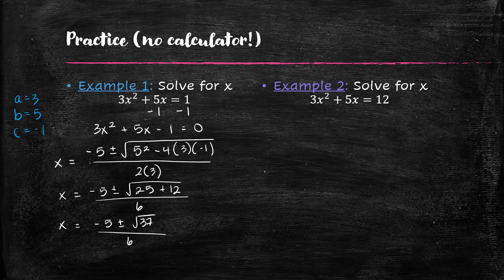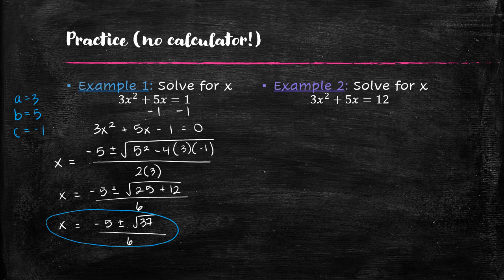Not a square root, not a radical that I can simplify. If this turns out to be something that I can keep simplifying, then we can have a list of values again. But in this case, this is how I would represent my answer. x is simply equal to negative 5 plus or minus the square root of 37, divided by 6.